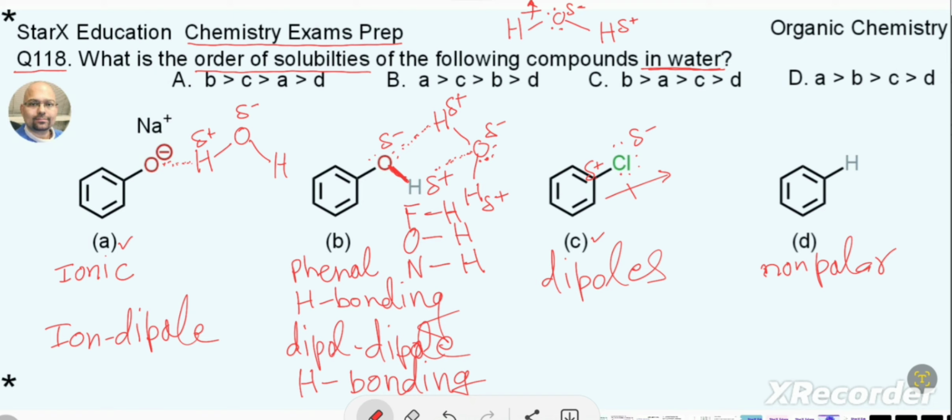So for the third one, the interactions are dipole-dipole interactions, from Cl, that is the negatively charged end of the dipole, to the hydrogen of water.